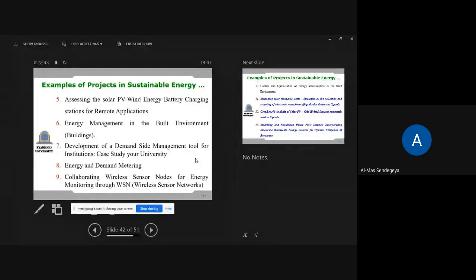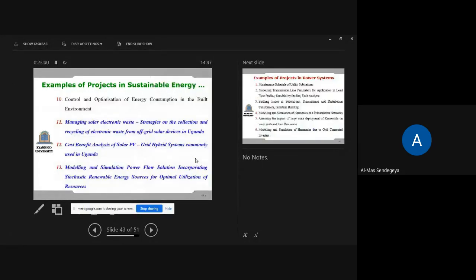For example, you can use Kyambogo as a case study. Energy and demand metering, collaborating wireless sensor nodes for energy monitoring through a wireless sensor network. These days, energy can be monitored wirelessly, and we want to link that. Control and optimization of energy consumption in the built environment.